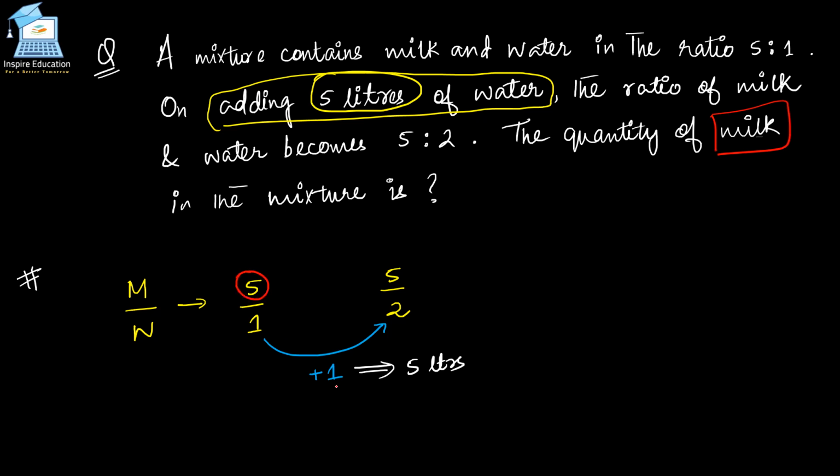Milk is 5. If 1 is 5, what will be the value of 5? 5 into 5, 25 liters. So just 2 lines, not even properly 2 lines, we have solved the question. If you do it by X, Y and all those things, you have to write many more things.